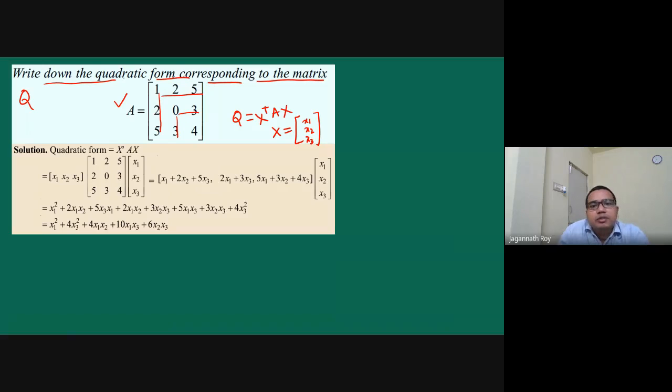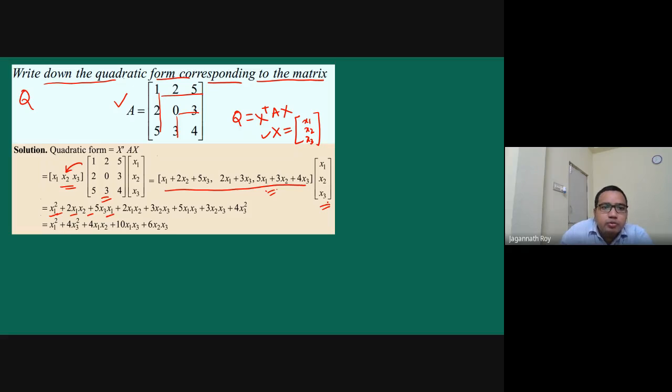Then if we multiply this matrix with this matrix, then we will get this expression, a row matrix and a column matrix, if we multiply, then we are getting this.